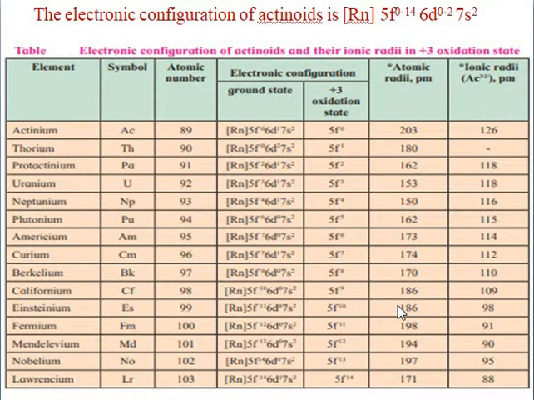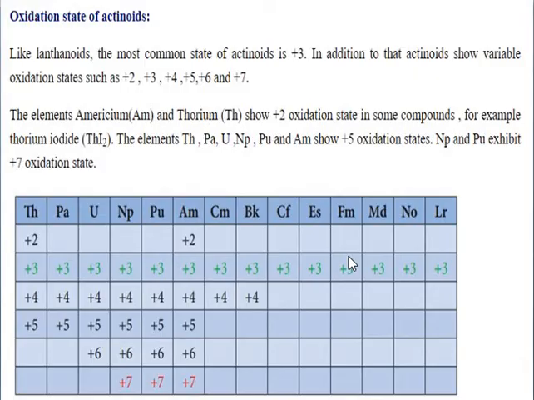Next part is oxidation numbers, that is the oxidation states of actinoids. Like lanthanoids, the most common state of actinoids is +3.